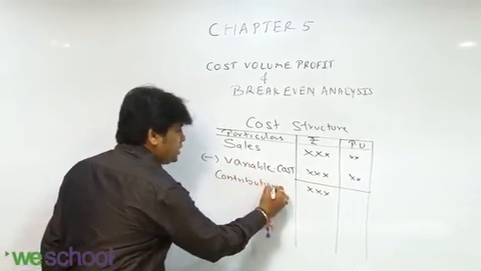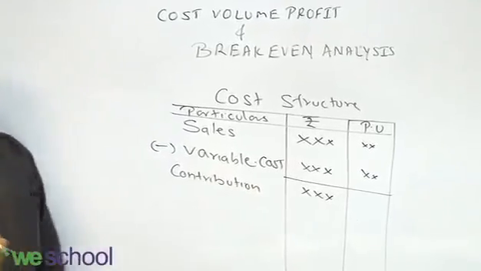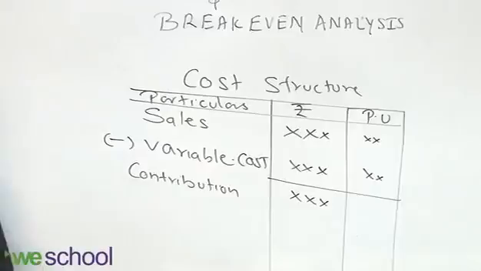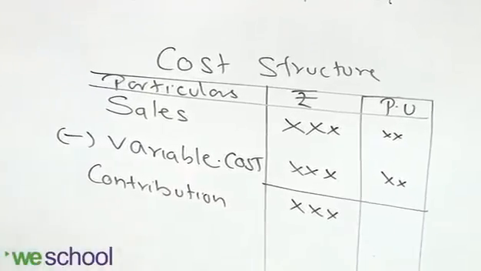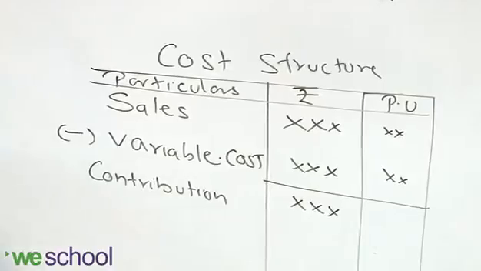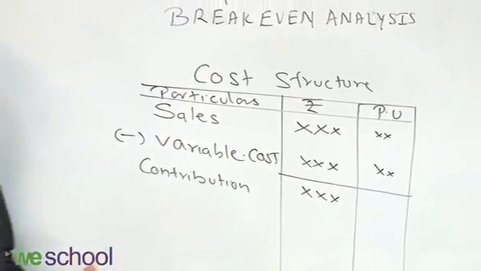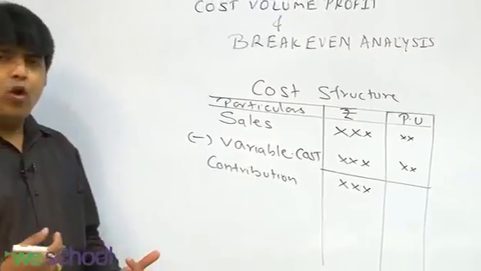Now please follow this cost structure to understand this concept more effectively. This is not there in your textbook, but I am giving it to you so that this concept becomes very simple for you. Yes, so can I move further? Have you jotted it on your rough book?